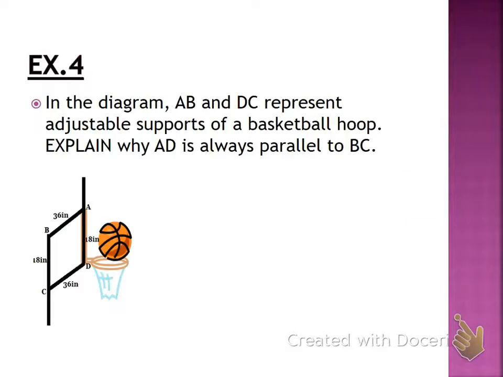Okay, on we go. In the diagram, AB and DC represent adjustable supports of a basketball hoop. Explain why AD is always parallel to BC. Adriana? Both opposite sides in a quadrilateral are parallel. Can you say that one more time a little louder? Both opposite sides of a quadrilateral are parallel. Okay, so I think that's a good place to start.